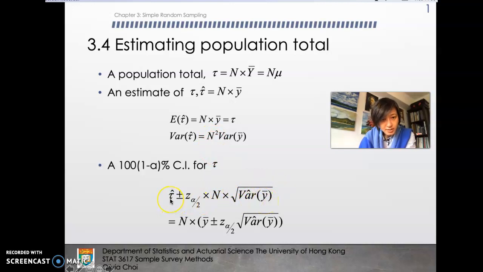And this is N times y bar, so we can also take N out of the bracket. Again, if we have already constructed the confidence interval for y bar, we can simply multiply the whole thing by the population size N, and then we find the confidence interval for the population total estimate.